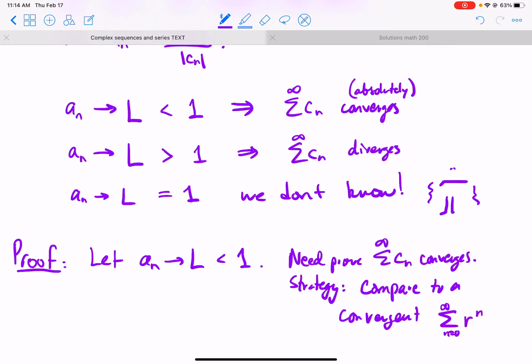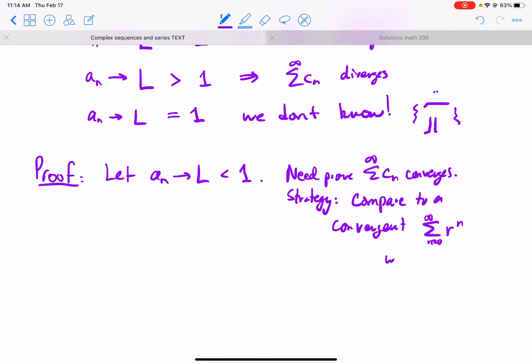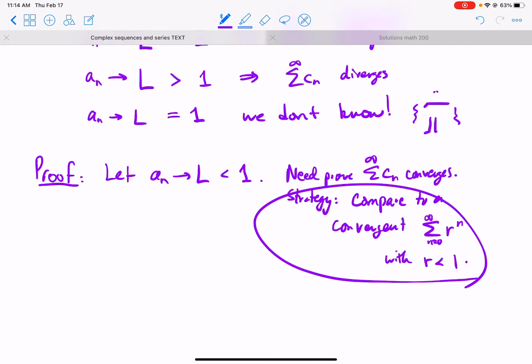Well, to be convergent, that means that this common ratio has to be less than 1, like 1/2 plus 1/4 plus 1/8 plus 1/16. Right? 1/2 is less than 1. Okay, that's our strategy.